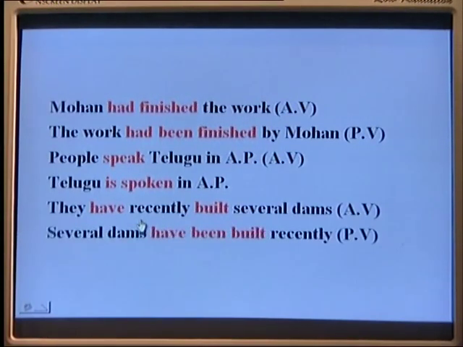Look at this answer. Several dams have been built recently. By them is understood by some people. Therefore, you need not use the by noun phrase here, because this is in perfect form. Again we have used been. Several dams have been built recently. Okay, children.